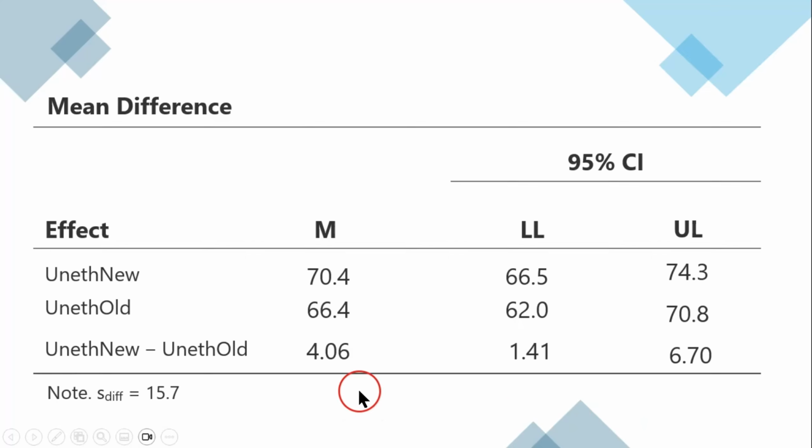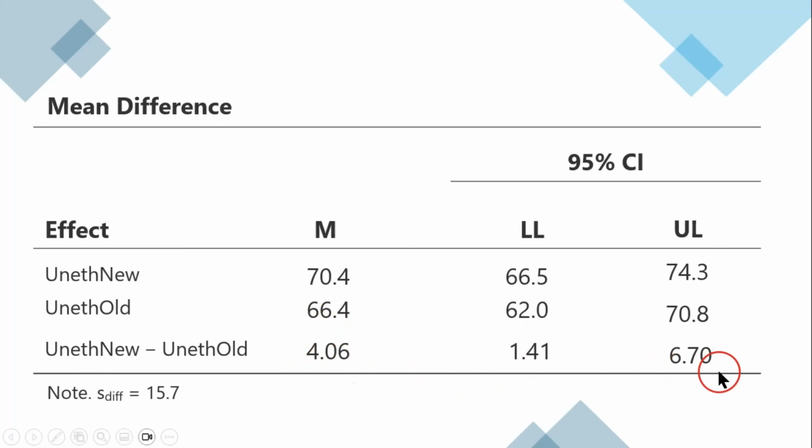So the first two rows here, new and old, are the same that we've seen before. And we've added the old subtracted from the new. So 70.4 minus 66.4 gives us 4.06 in terms of pulling it out more decimal places, but we have a difference of about 4 there.